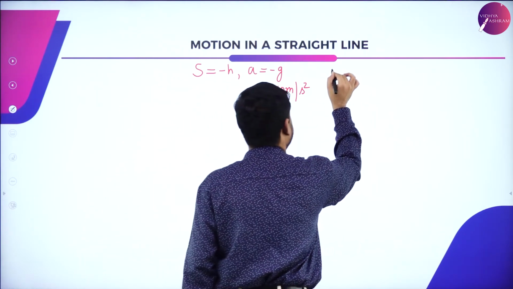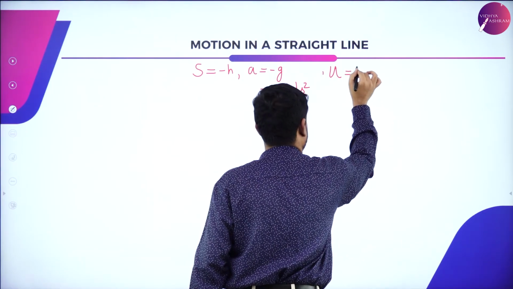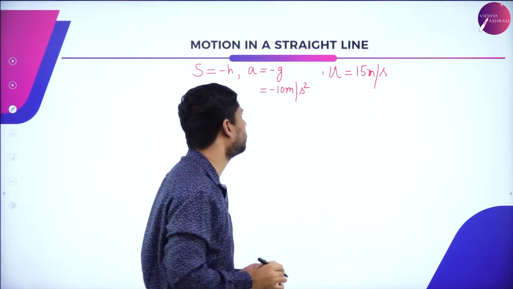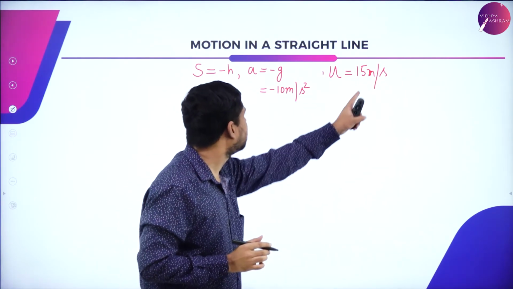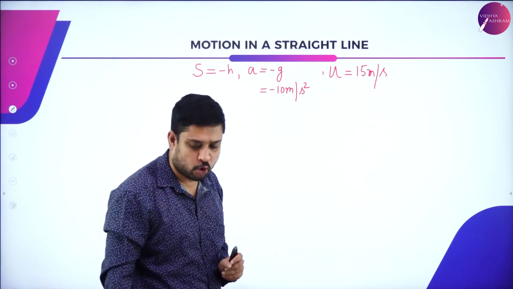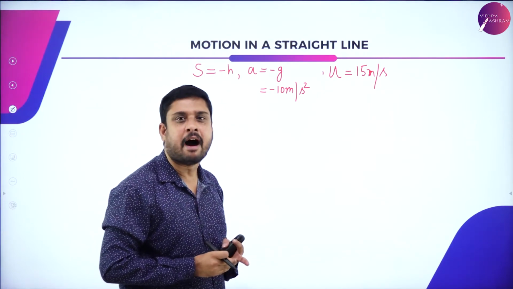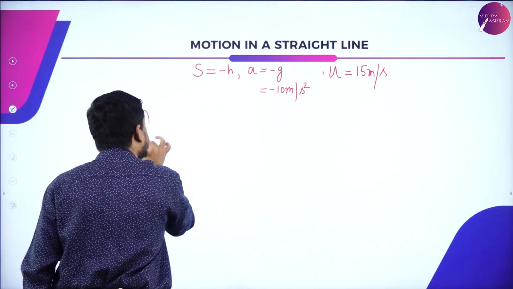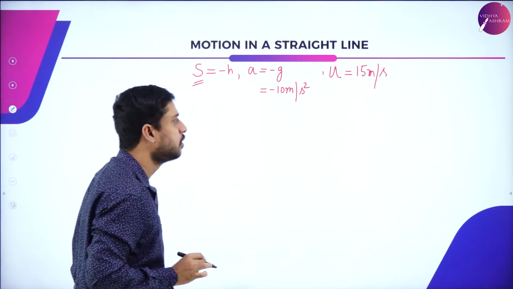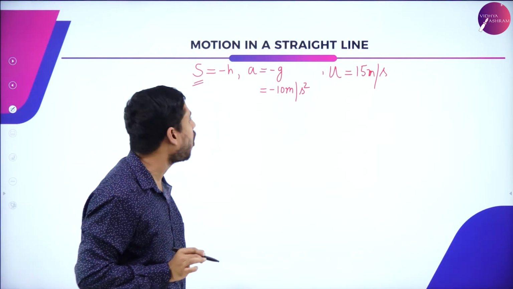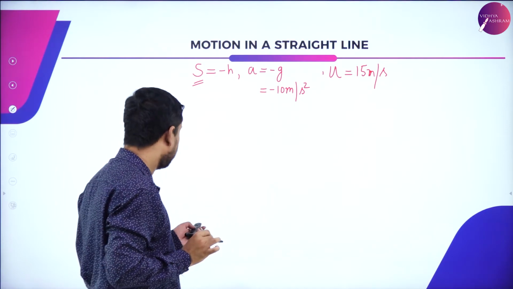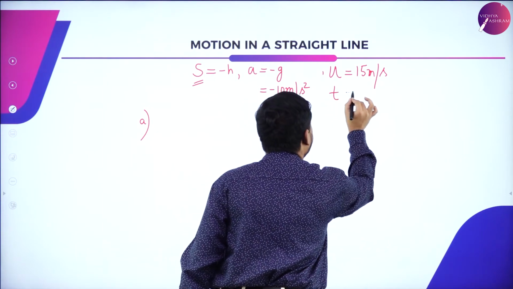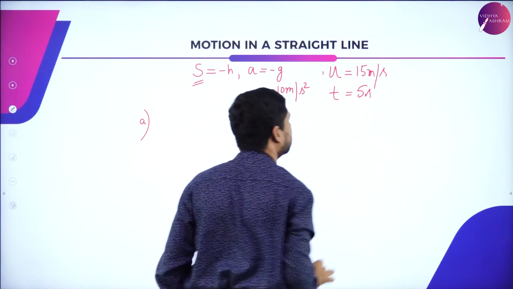And the velocity of projection is 15 meter per second. So with this, I have been asked to calculate the height of the tower. Again, distance is mentioned here. I don't know the final velocity, but I know the time it hits the ground is 5 seconds.